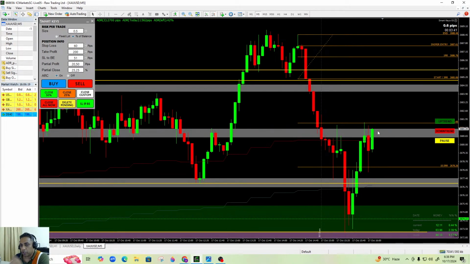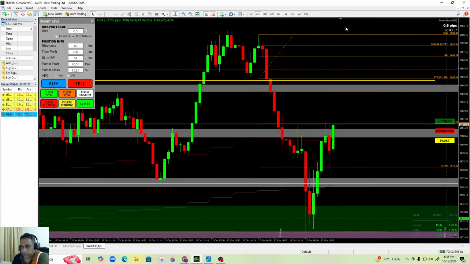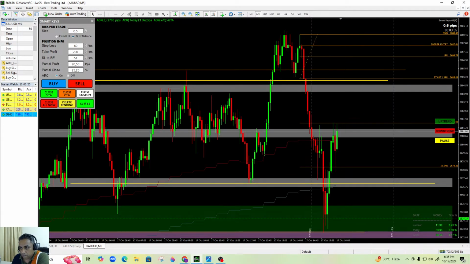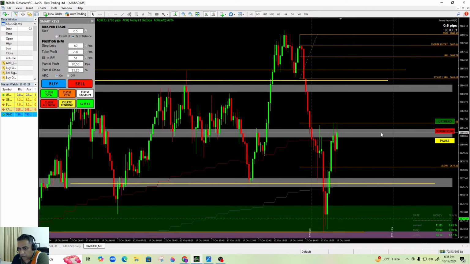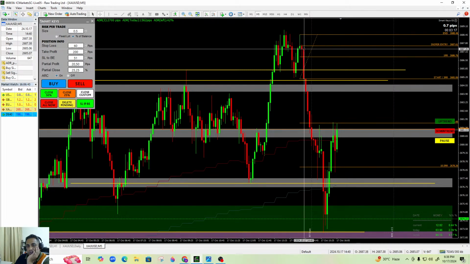Yeah, so we are pushing up. We need a 5-minute candle close above 2681.66, right? Once a 5-minute candle closes above here, then we're coming straight up to 2685. And this candle has no top wick right here, so we are going to take out the high.